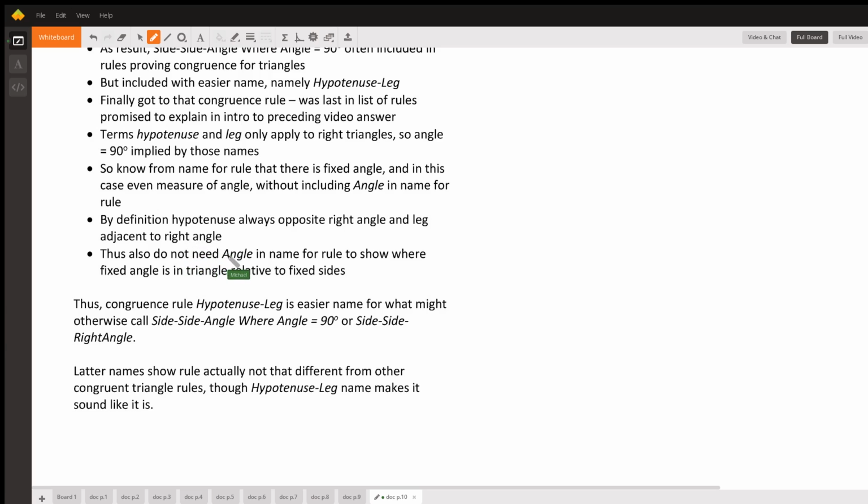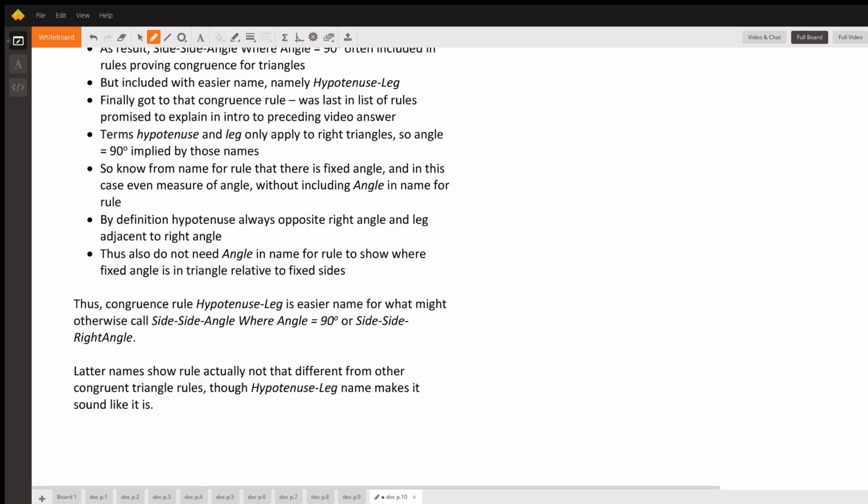So you don't need angle in the name for the rule to show where the fixed angle is in the triangle relative to the fixed sides. So the congruence rule, hypotenuse leg, is just an easier name for what you might otherwise call side-side-angle, where the angle equals 90 degrees, or side-side-right angle.